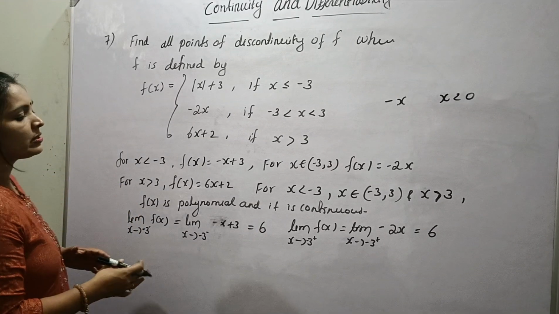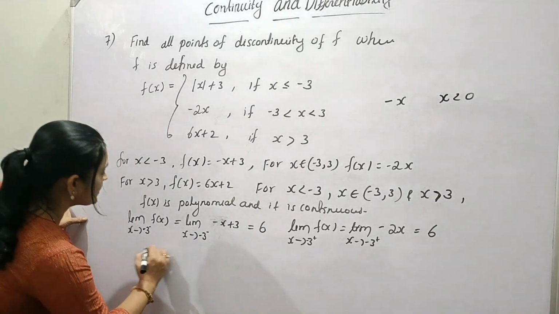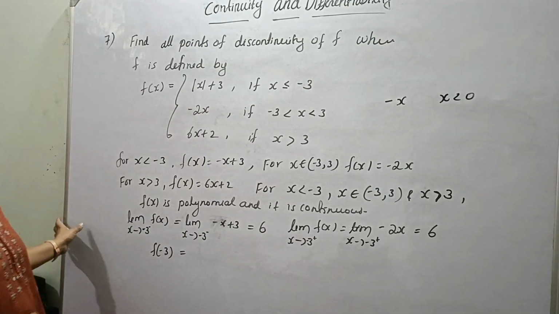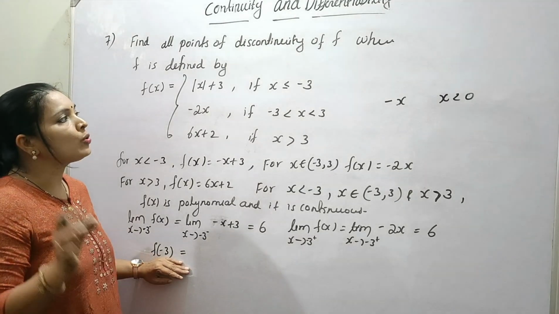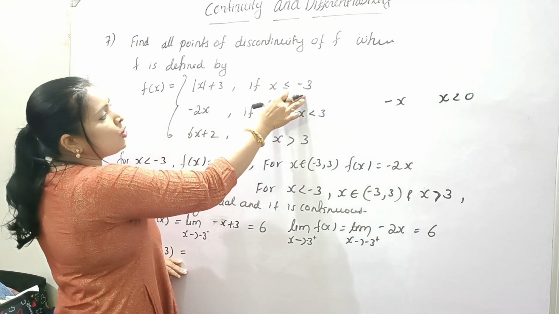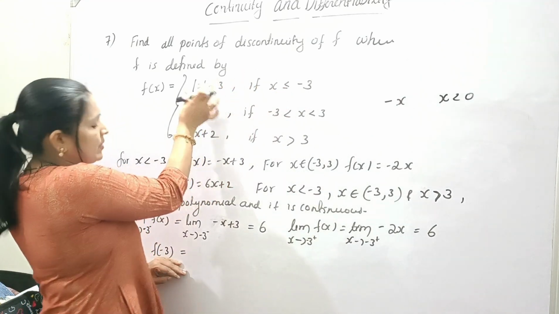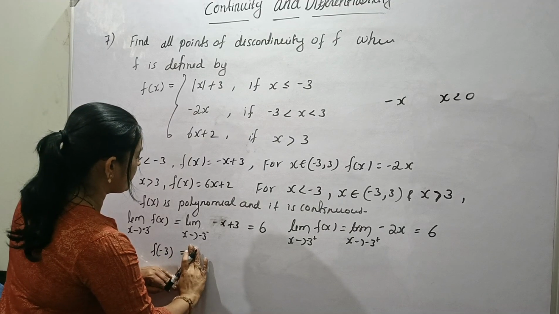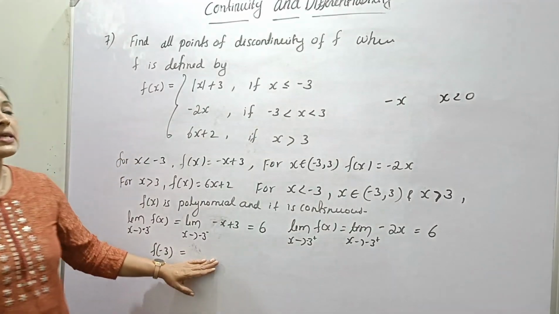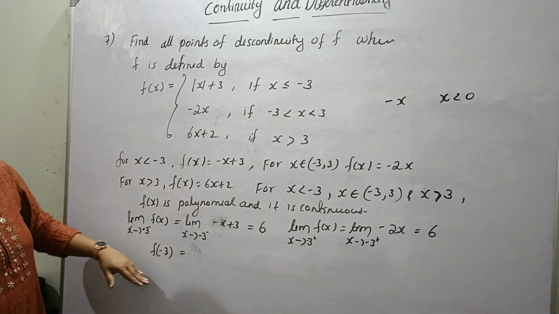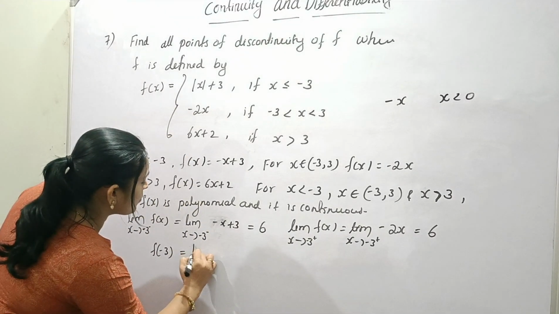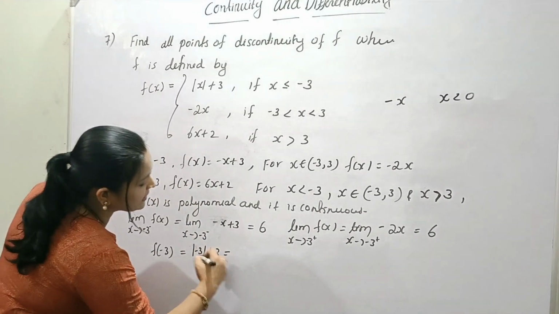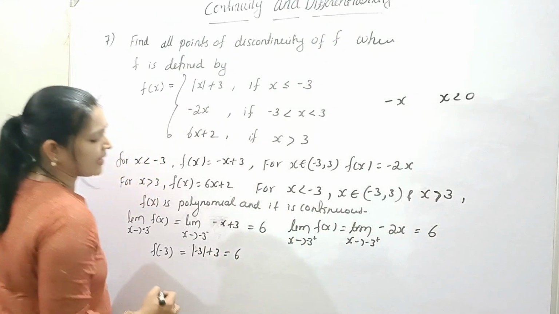Now let's find the value of the function, that is f of minus 3. Here x is equal to minus 3. When x is equal to minus 3, the function is modulus x plus 3, right? So what is f of minus 3? Substitute: modulus minus 3 plus 3, modulus minus 3 is 3, so 3 plus 3, 6.